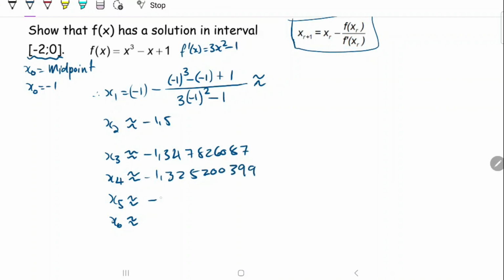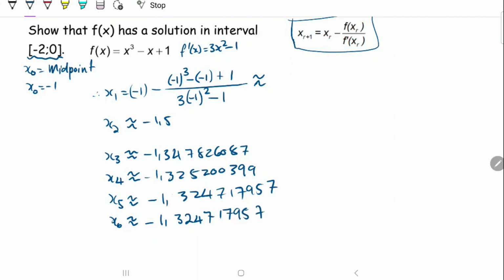And then we got -1.324324717957. And remember, this number that we got here stayed the same going throughout. So these continue to be the number that we converge to.